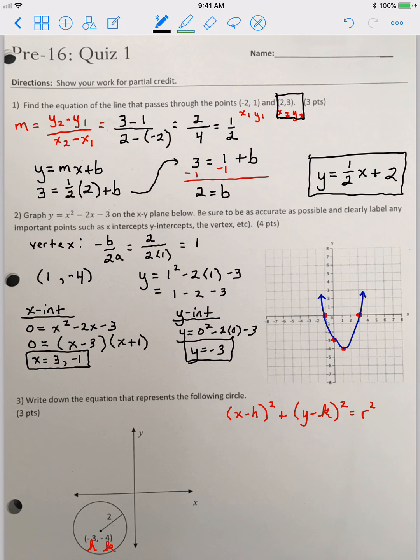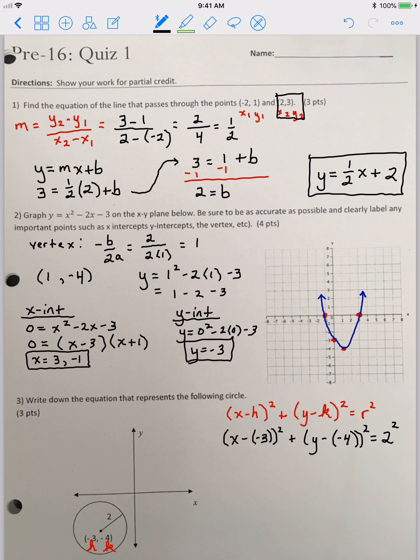So into that formula, I can write x minus, my h value is a -3. That's going to get squared. Plus y minus, and my k value is also a negative number, and that's going to get squared, equals the radius, which is 2, and that should get squared.